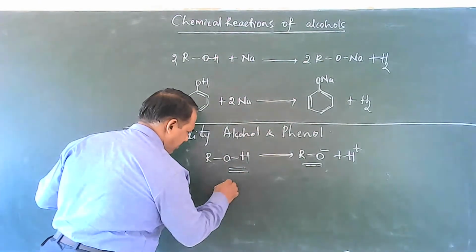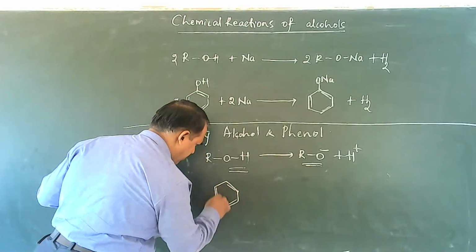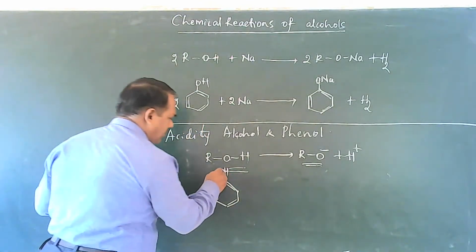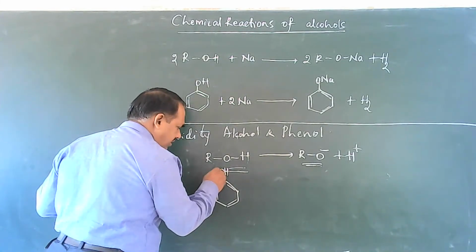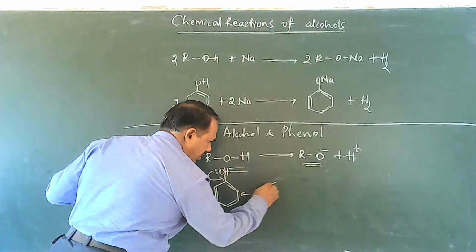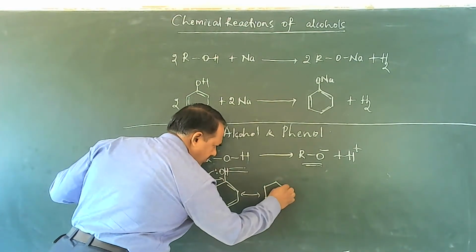If you go for phenol, OH, here the oxygen atom behaves as electron withdrawing. The electron density is released to the ring.